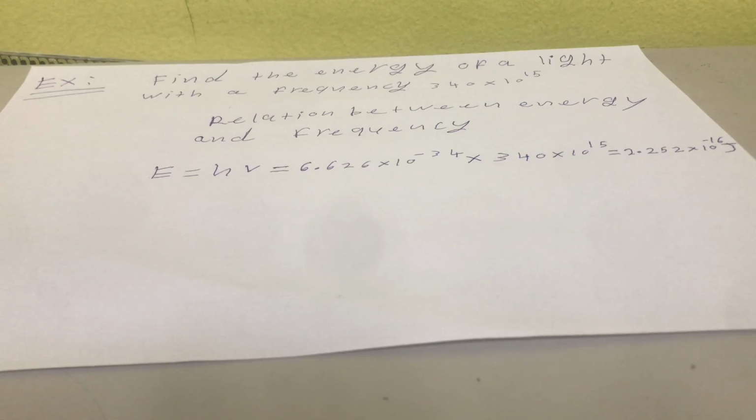We have the frequency 340 times 10 to the 15. So we multiply them and we get the answer 2.252 times 10 to the negative 16 joules. We put three numbers after the decimal.